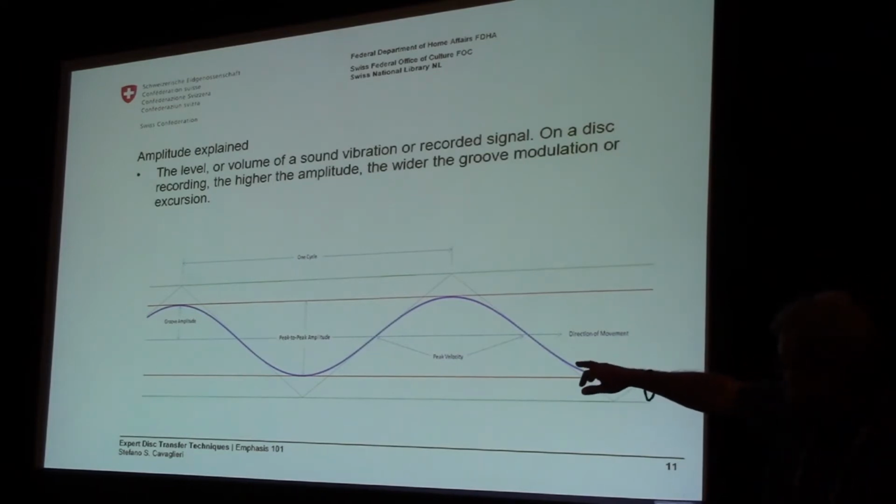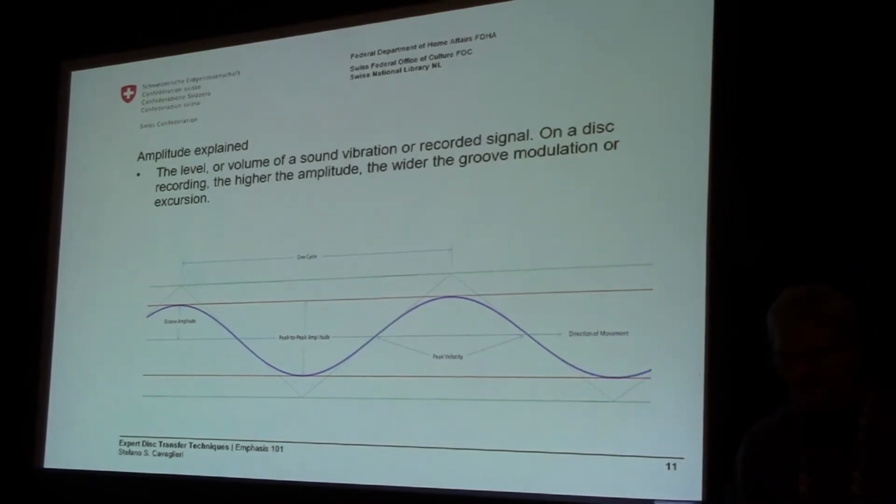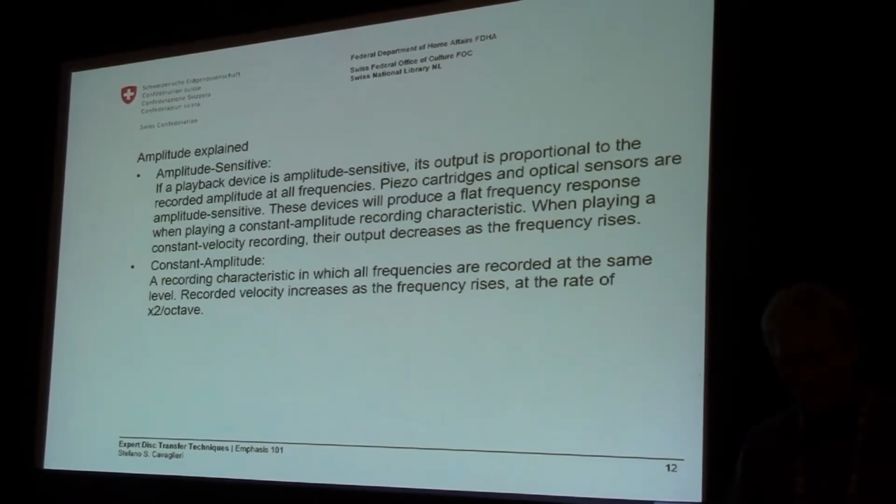The amplitude is the distance, in this case, between the two red lines. Now, when we talk about an amplitude-sensitive device, especially if it's a playback device, its output is proportional to the recorded amplitude at all frequencies.